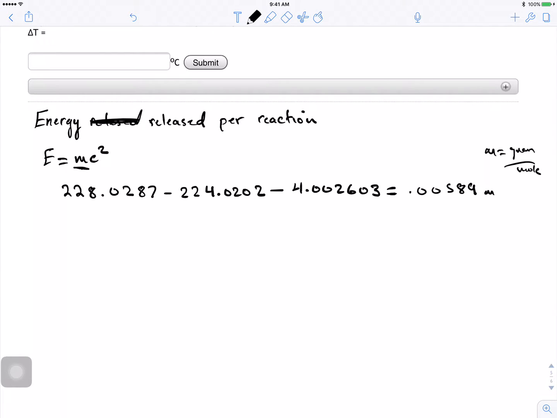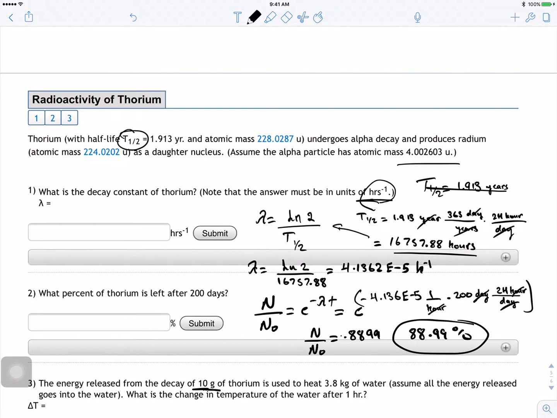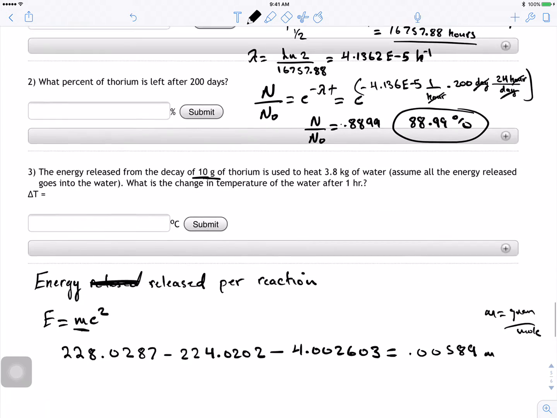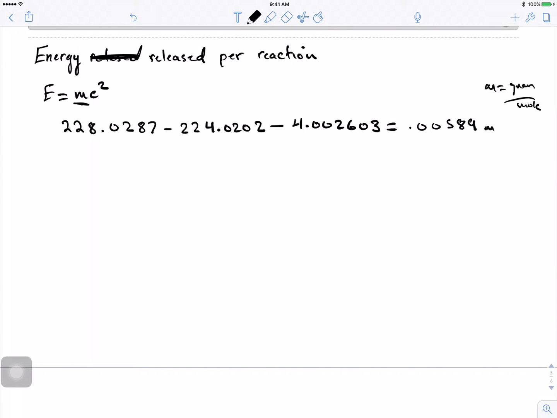Where did they get these numbers? The thorium changed to radium, which has this mass, and with this reaction an alpha particle came out. So we subtract all the masses, and the mass that's left is this one. This mass is going to change to energy.